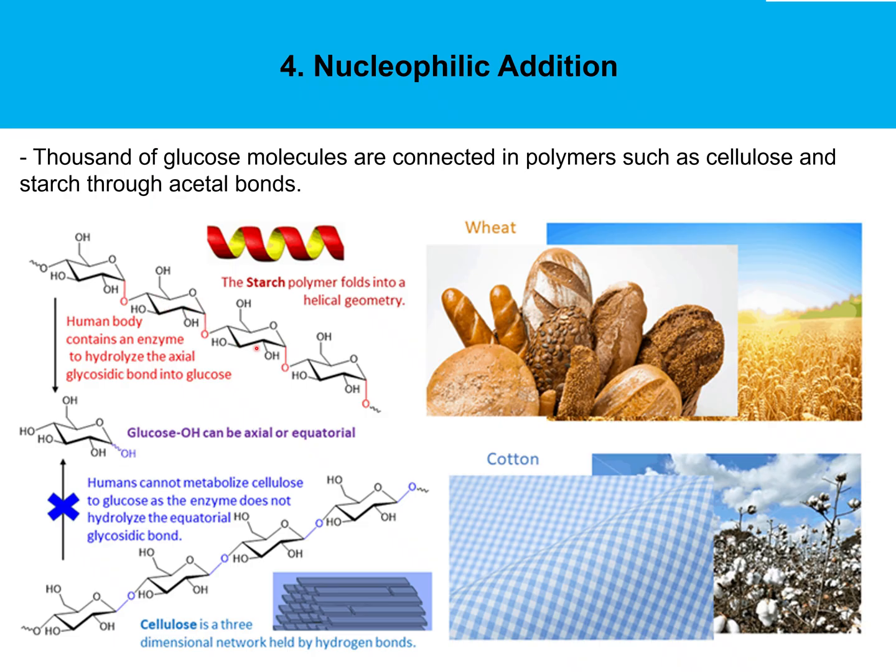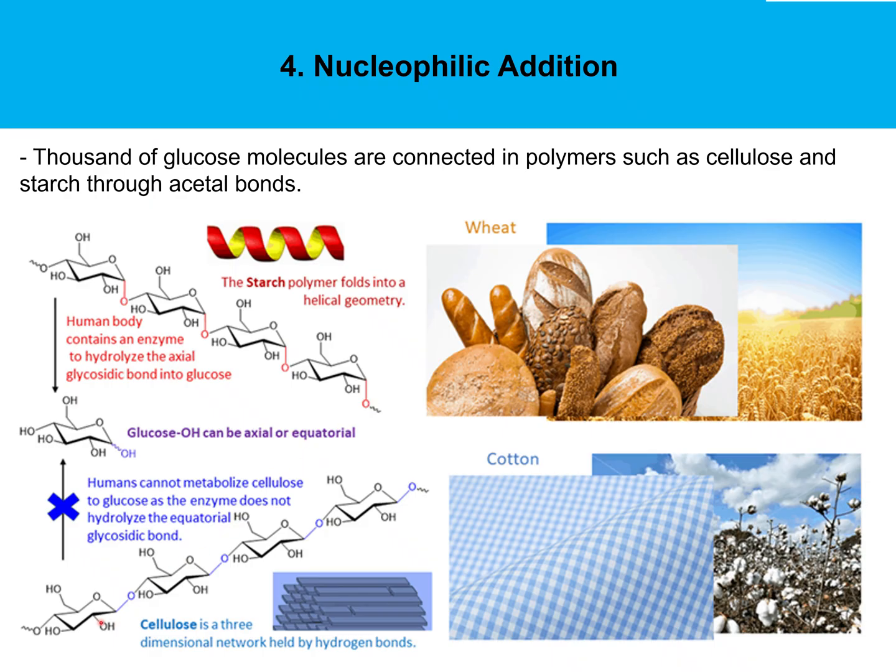And this repeats multiple times to make the polymer, which we call starch. Polymers in general, if you're unfamiliar with that term, just means a very large molecule that has multiple repeating units of the same monomer. In this case, for starch, it would be glucose.